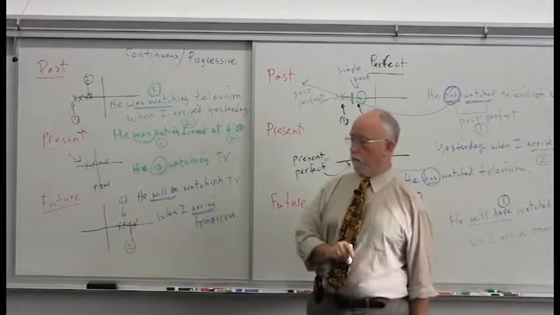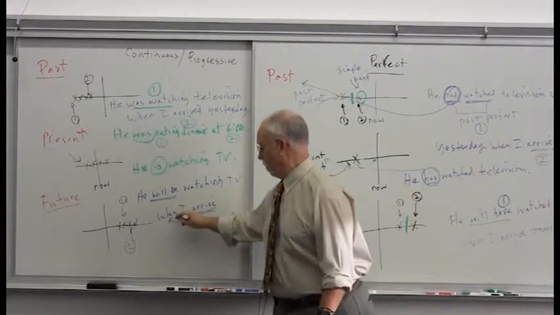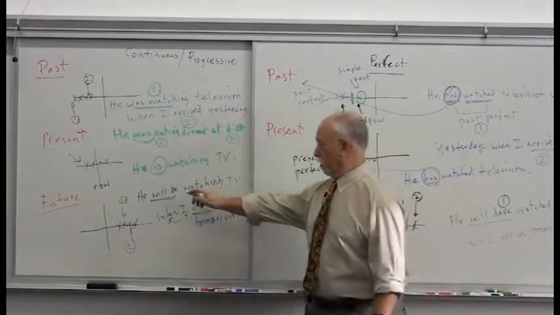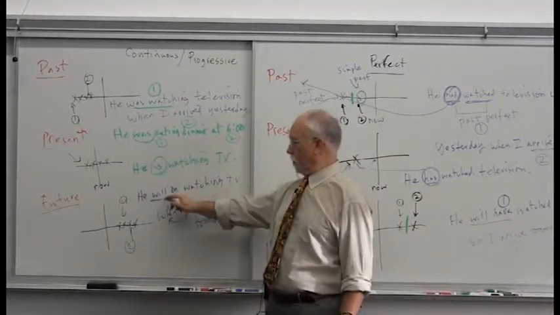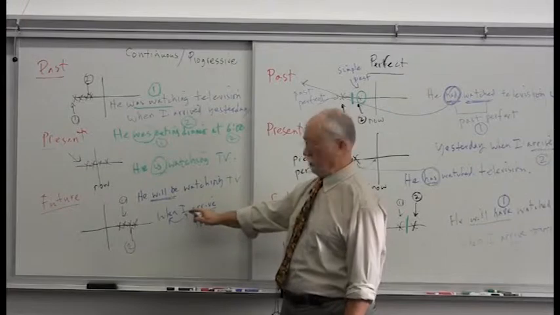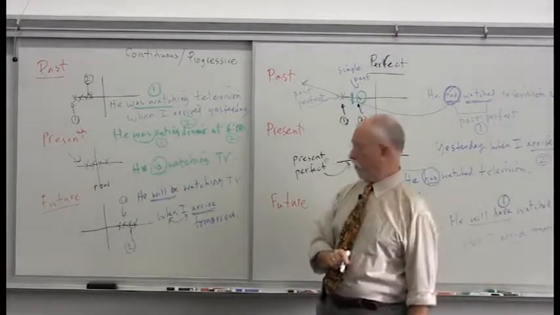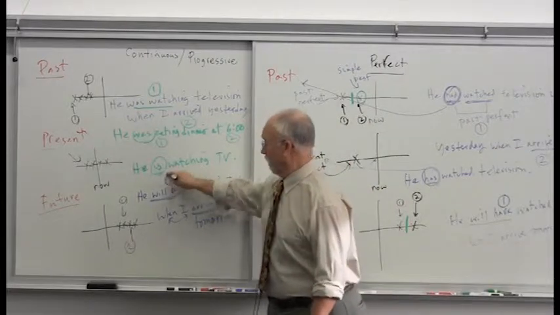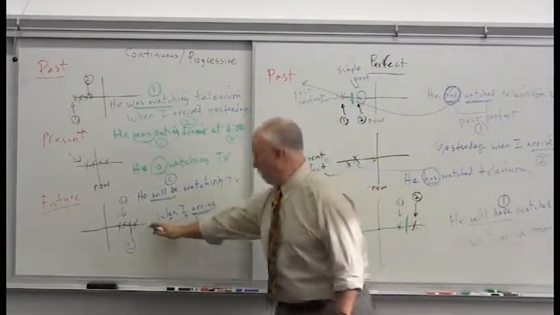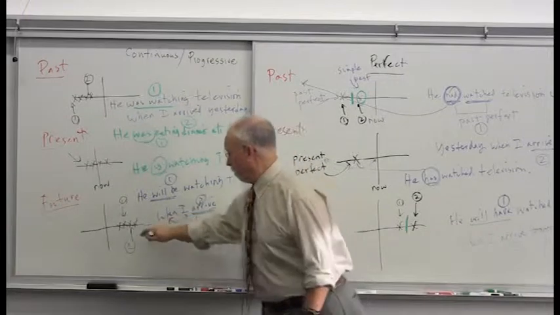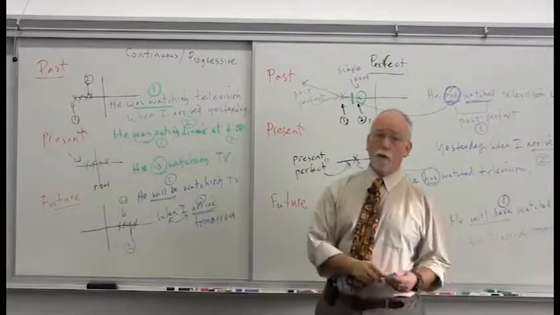Just use the simple form of the verb when it's in the time clause like that, because this already tells us that this is the future. Since that's going to happen later in the future, we don't have to write will or going to, because it's obvious that these are both in the future. We know that this is the first action, we know that when the second one occurs, this first one will not yet be finished.